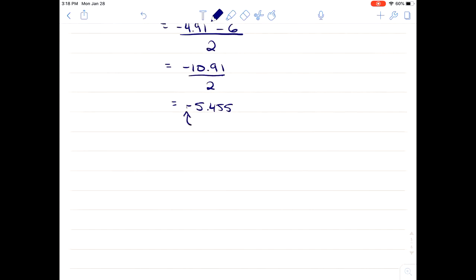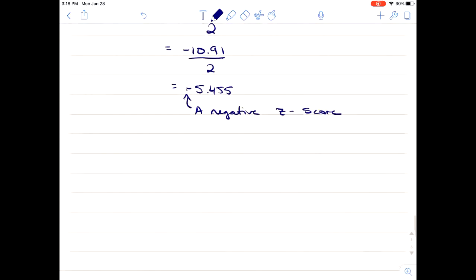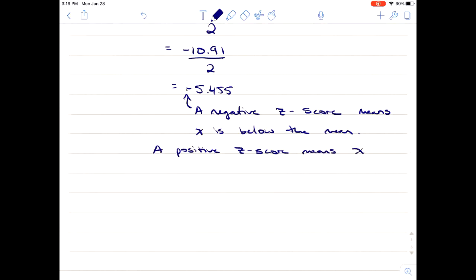And so here, a negative Z-score means x is below the mean, whereas, of course, a positive Z-score means x is above the mean.